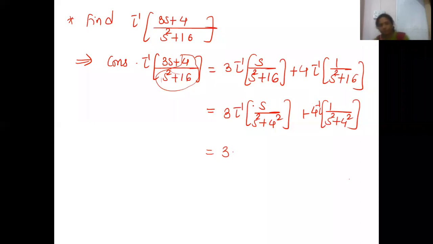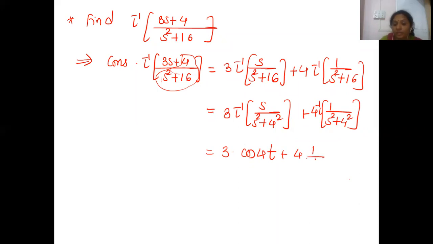With s on top, it is cos 4t. Remember: if there is s on top and s square plus a square below, it is cos; otherwise it is sin. A way of remembering. So cos 4t plus 4 into 1 by 2 sin 2t.